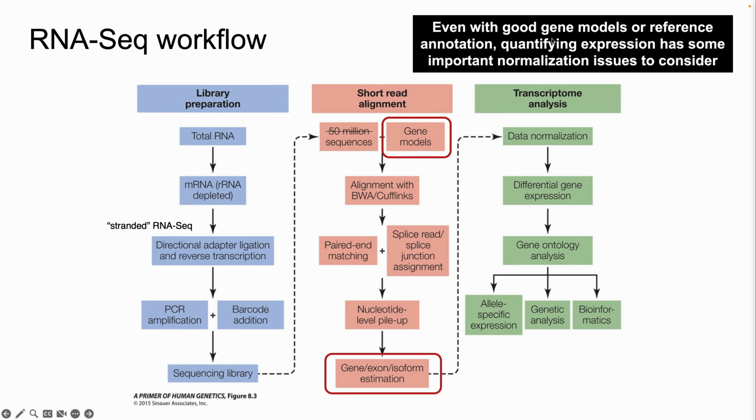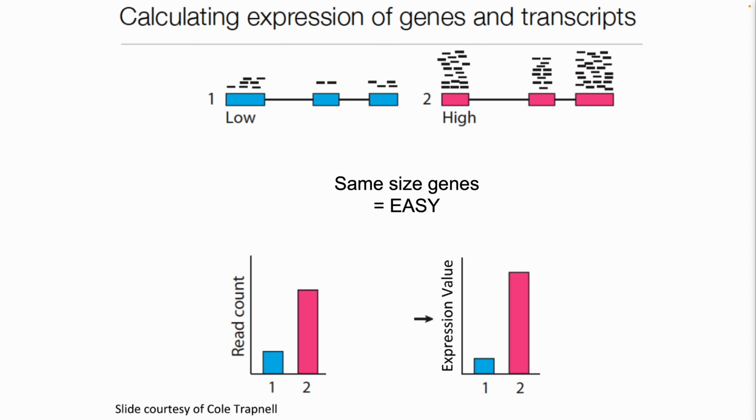Even if you have good gene models, from here on out I'm going to assume we're working on something like the human genome, where it's got a good, well-assembled reference genome and good annotations for where the genes are. Like, we know the intron-exon boundaries. But there are more things to consider.